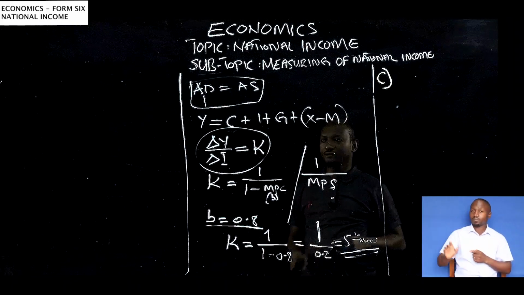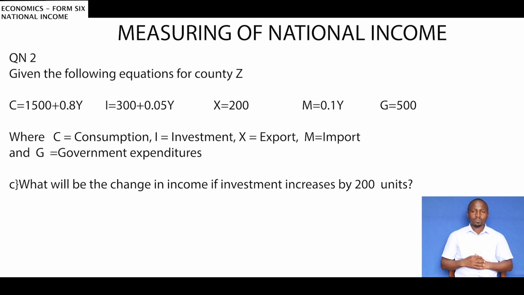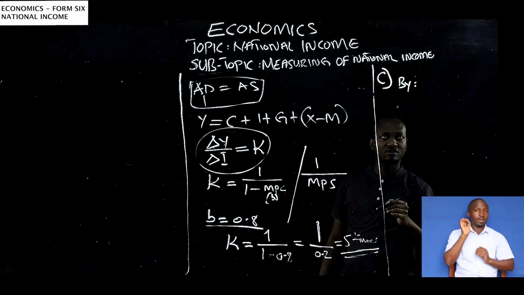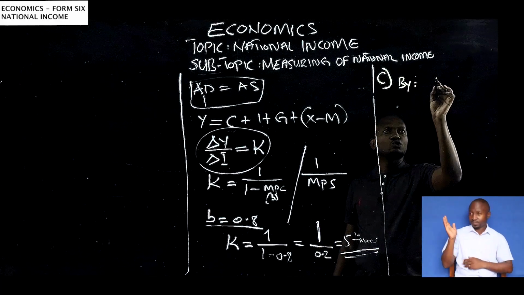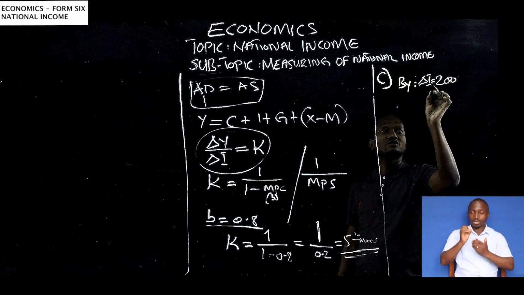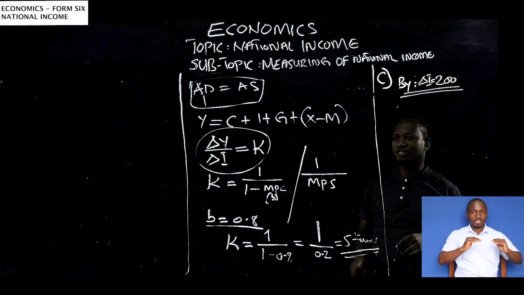Let's go to C. The question says, what will be the change in income if investment increases by 200 units? Because the question says by, it means this 200 is the change in investment.